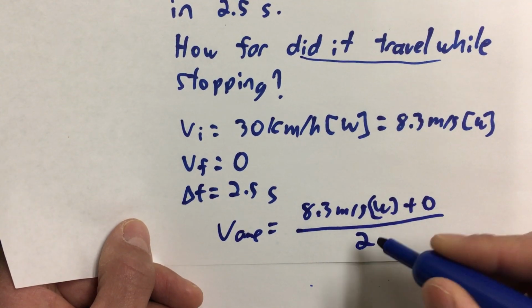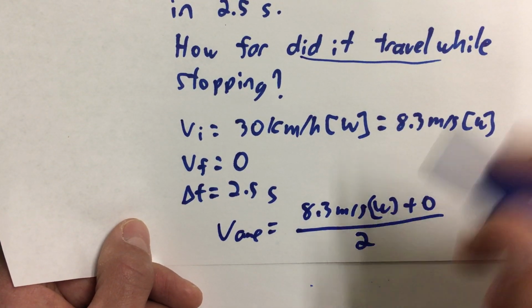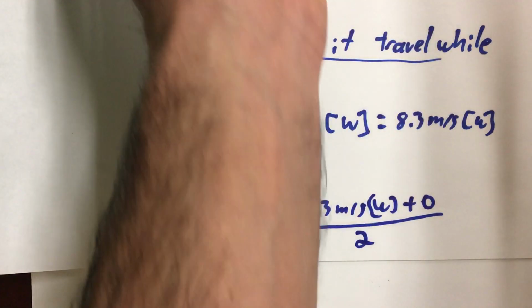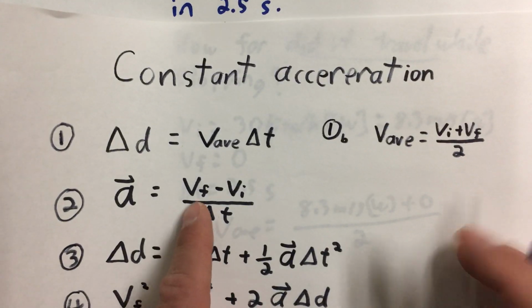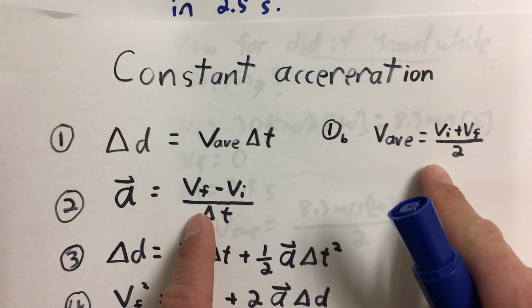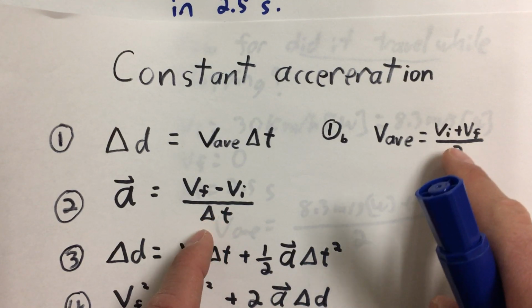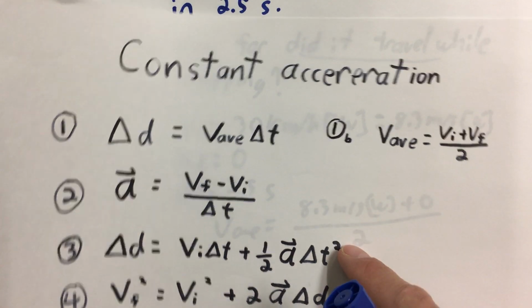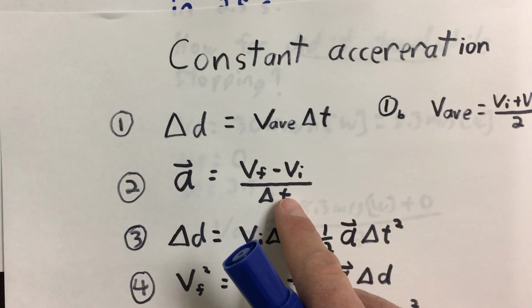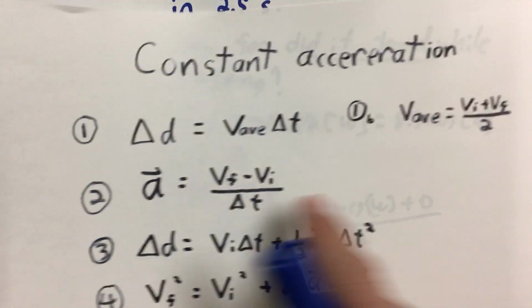Now I've seen people accidentally divide this by delta t. That's because these two equations look very similar. If you're not careful, at a glance, if you stand back, these two kind of look the same. We're adding and dividing by 2 to find the average. We're taking the difference and dividing by time to find the acceleration. So we want this one.